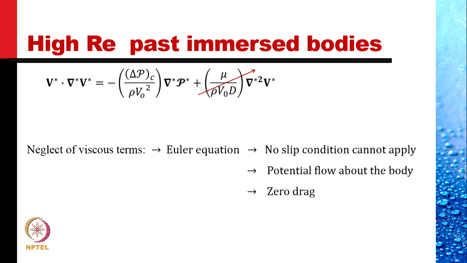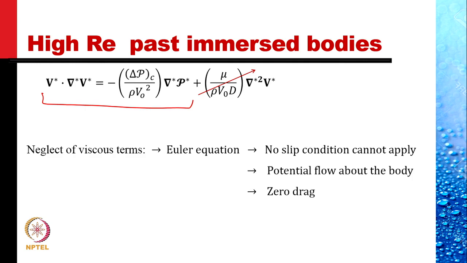And what we get is what is termed as the Euler equation. Notice that this equation is a first order equation, not a second order equation, which it originally was.